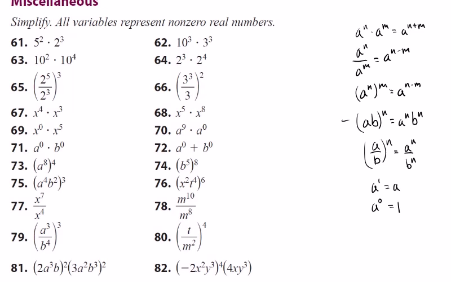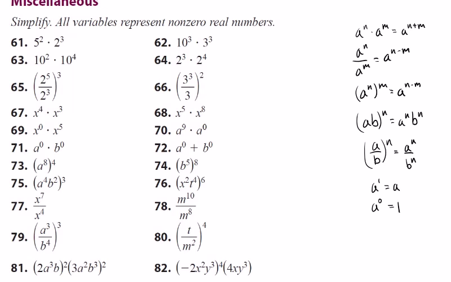Then we have power of a product, power of a quotient, anything to the first power is itself, or anything by itself has an exponent of 1, and anything to the 0 power is 1. So we'll use all these different properties within this set of examples here.